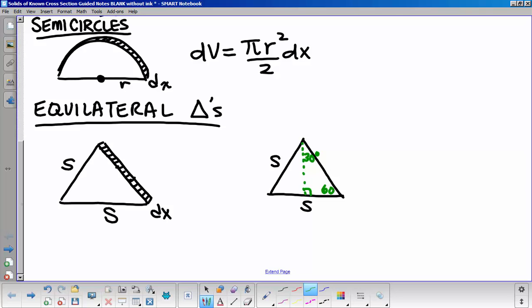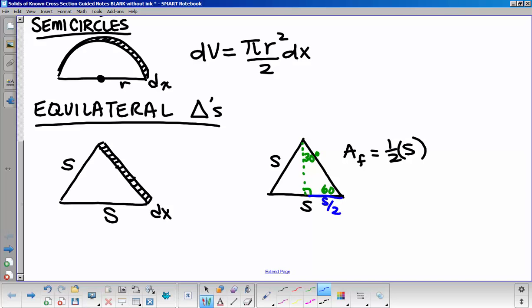And so we have two 30-60 triangles in there. If we are going to calculate the area of the face, it's going to be 1/2 the base. Well, what is the base here? s times the height. So what do we know about right triangles? We know this is going to be s over 2, because it's half.